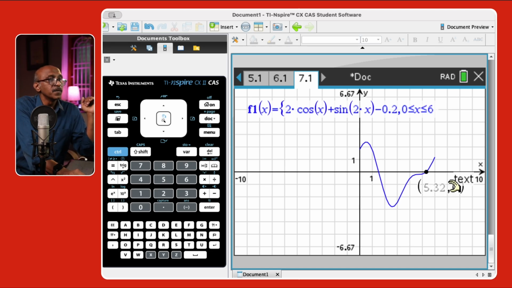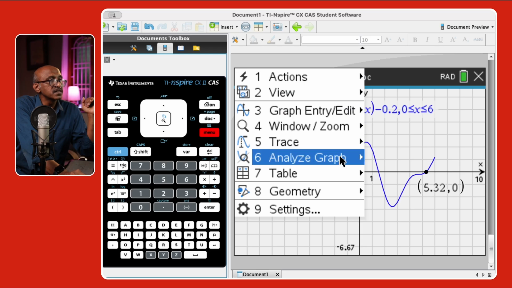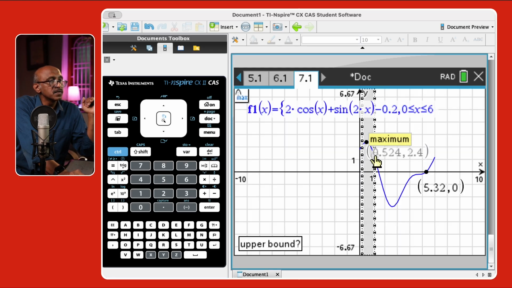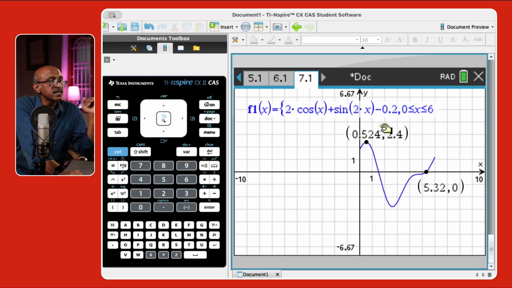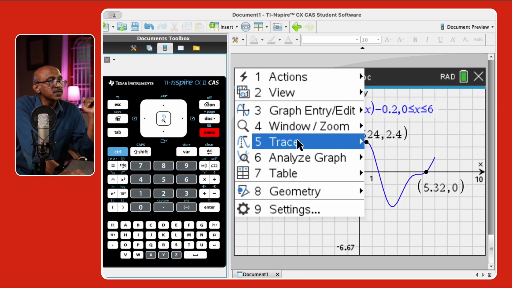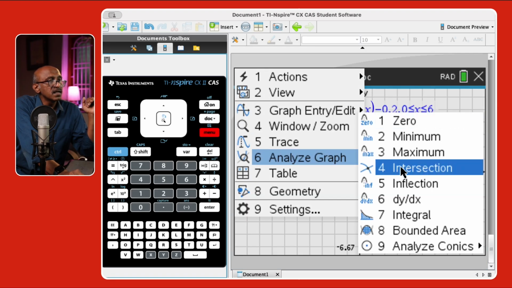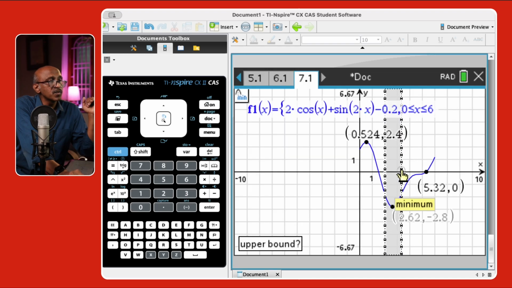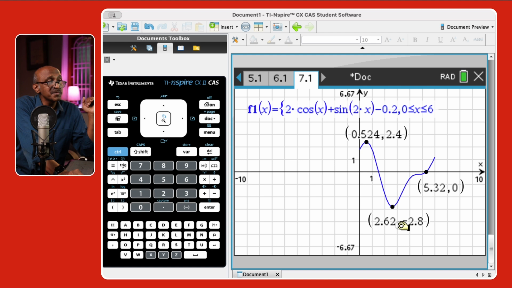And what else do I have on the calculator? Go to menu, analyze graph, and do I have a maximum value here? Let's get that maximum value. Okay, you can get that there. In the same way, let's do the minimum value. Analyze graph, minimum, and boys and girls, if you're watching this video, it takes time to enter.